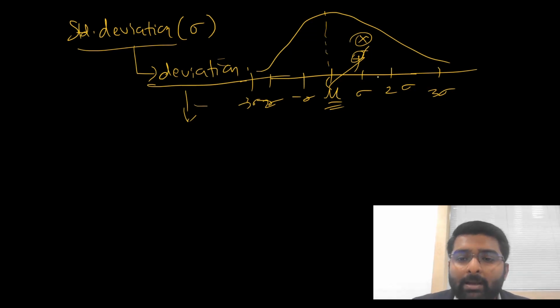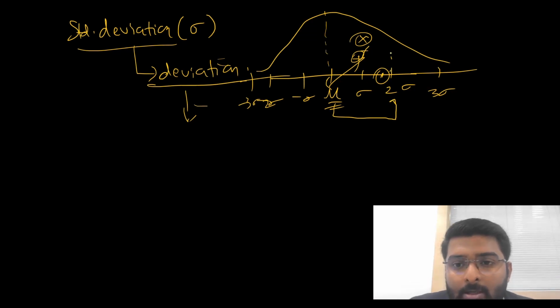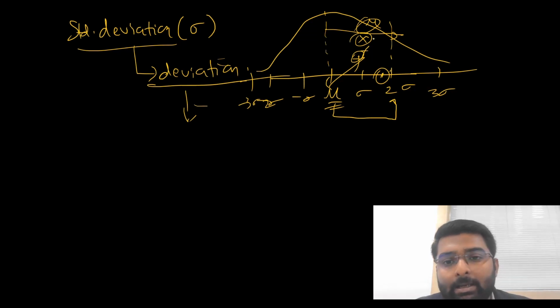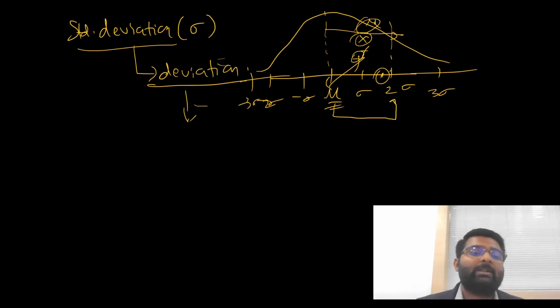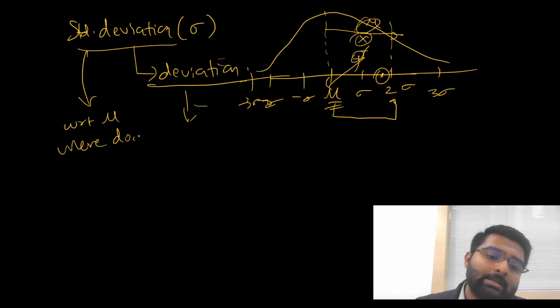So if my data point lies somewhere here, what will I say? My data point lies two standard deviations to the right of the mean. Again, what does standard deviation tell me? With respect to mean, where does the data point lie.